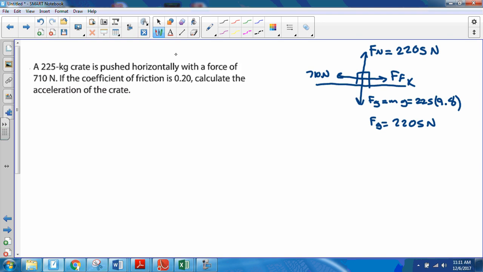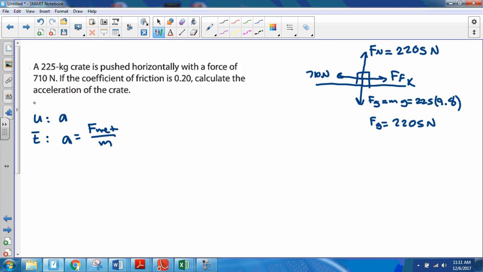Okay. It says if the coefficient of friction is 0.20, calculate the acceleration. So the unknown is the acceleration. The equation for acceleration is, okay, a is Fnet over m.